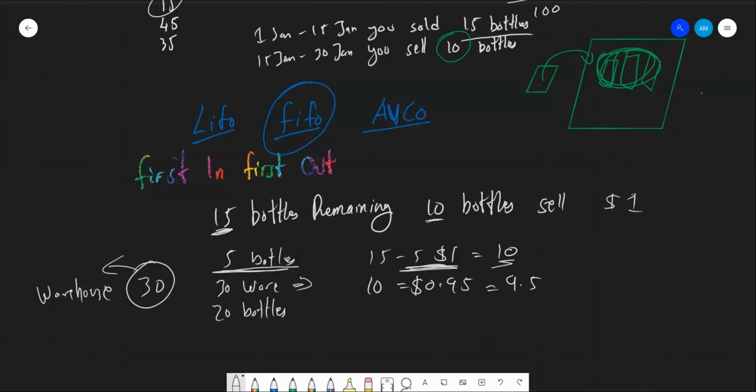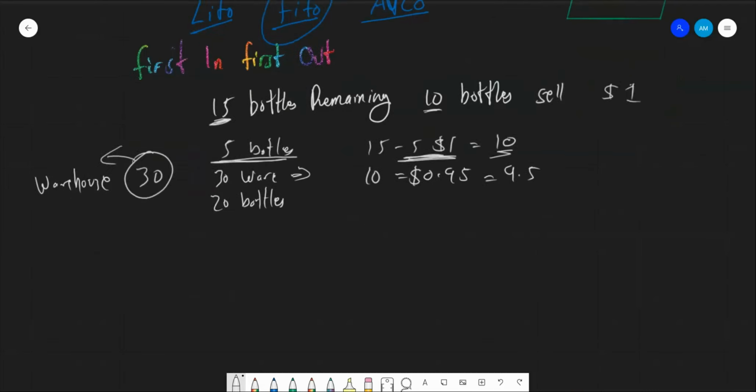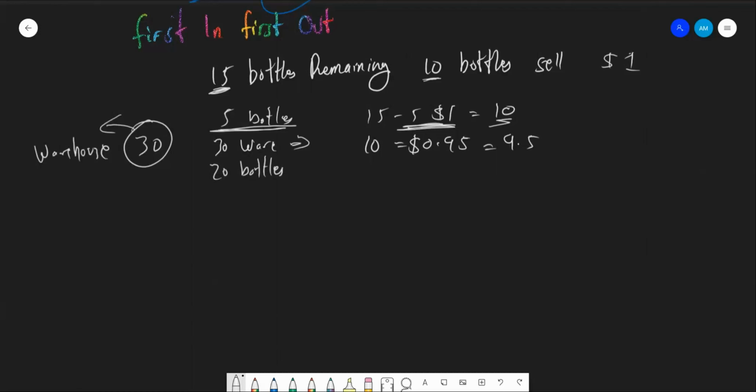So now if someone was to come and ask us what is the value of stock that you have in your warehouse, how would we answer them? Under the first in, first out method, we would say we have 20 bottles remaining, and all these 20 are worth $0.95.